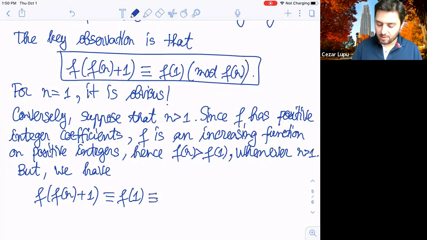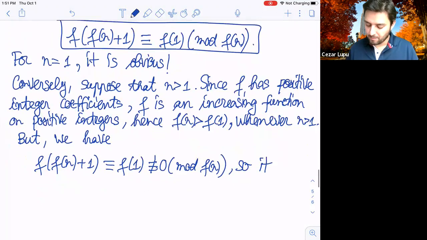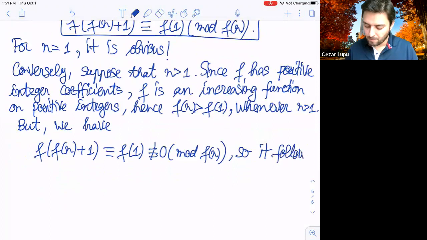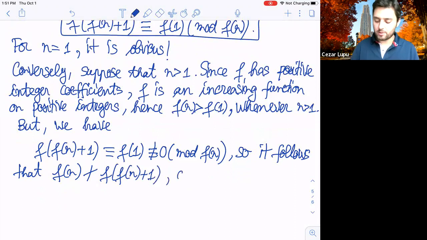Which is not congruent with 0 mod f of n. So this implies that f of n does not divide f of n plus 1, which is a contradiction.